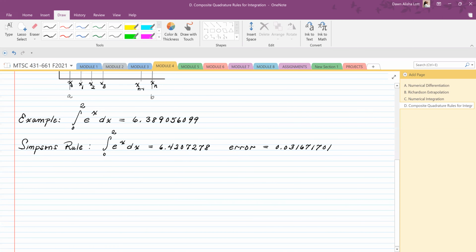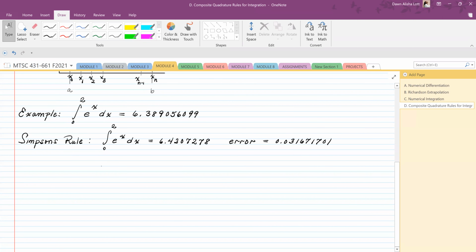But let's suppose I do it with two intervals. So I'm going to split it up. I do the integral from 0 to 1 of e to the x dx using Simpson's rule, and then I do 1 to 2 of e to the x dx.